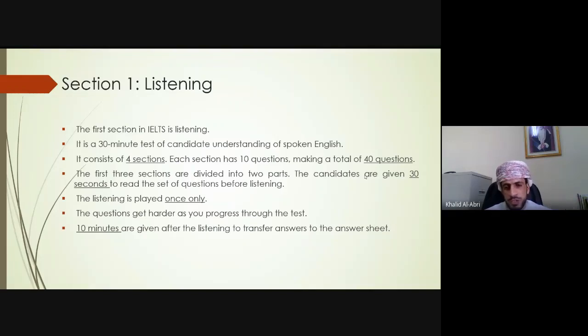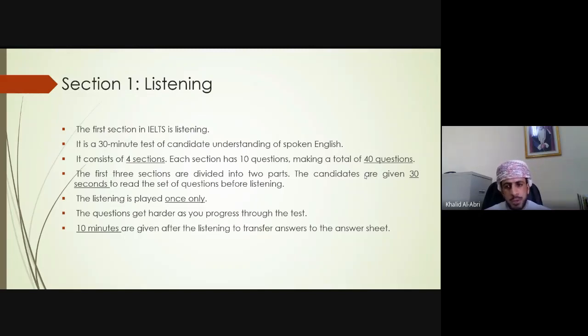So they give you 30 seconds to read questions 1 to 5. During these 30 seconds, you need to just focus on those questions. Don't look at 6 until 10 and the other pages. Just keep focusing on those 5 questions.